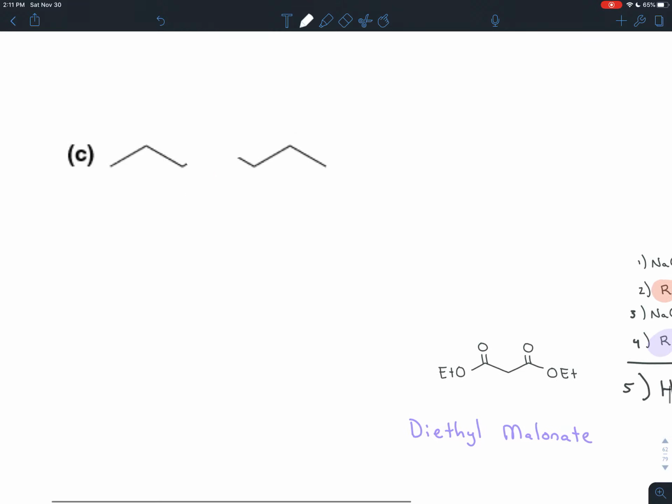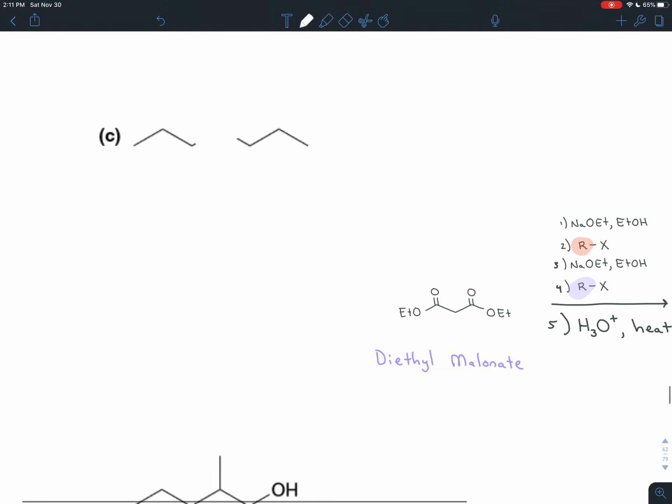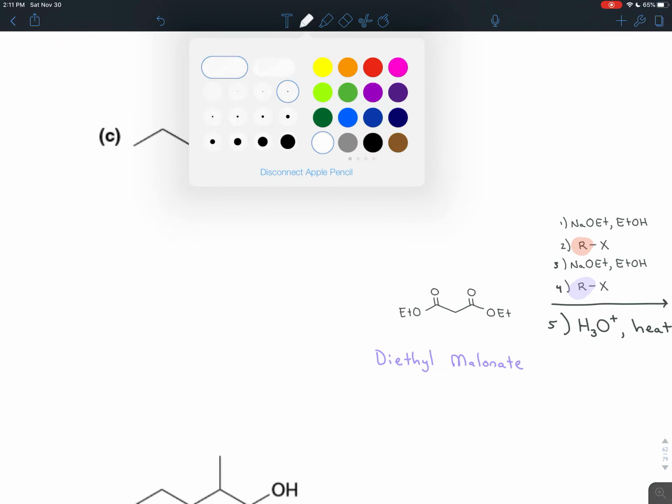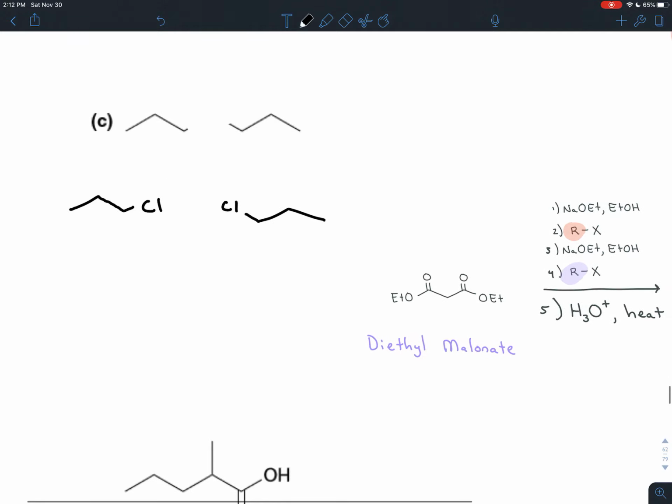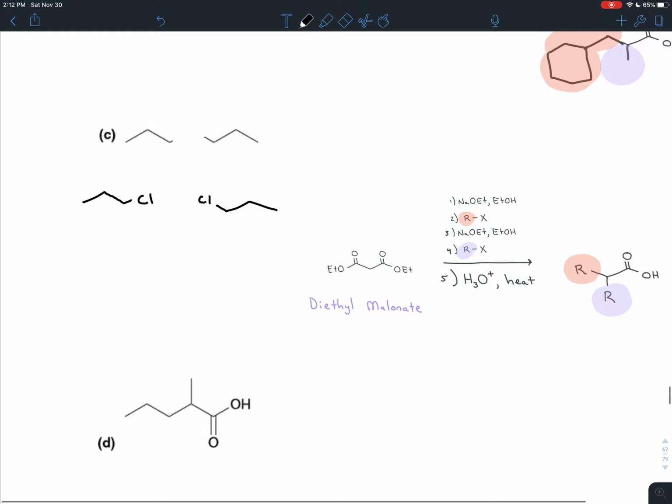And notice that when you do that, you have 2 carbon chains. So we're going to have to add these two carbon chains separately. Now we need to put a leaving group on these because we're going to do an SN2 reaction. So those are our two alkyl chains.